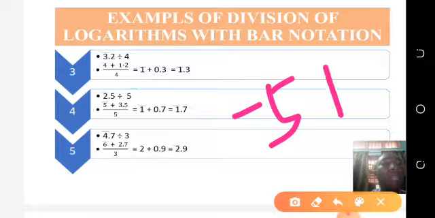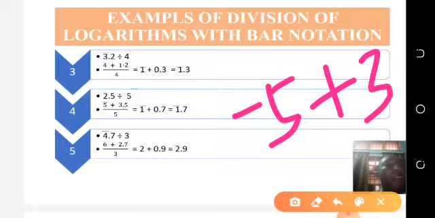Good. Plus 3. That shows minus 5 plus 3 will give us minus 2, which is the same thing as bar 2. Let's take that to calculation now. Bar 5 plus 3.5. We now have bar 5. 5 divided by bar 5 will give us bar 1, plus 5 divided by 3, 0.